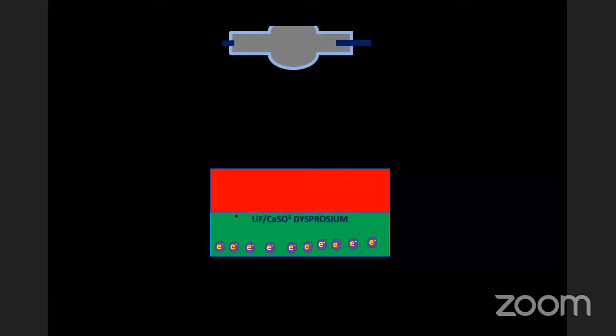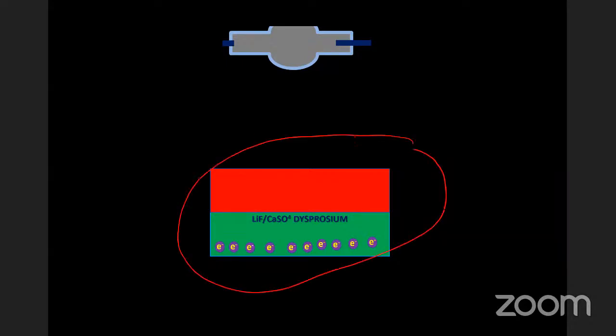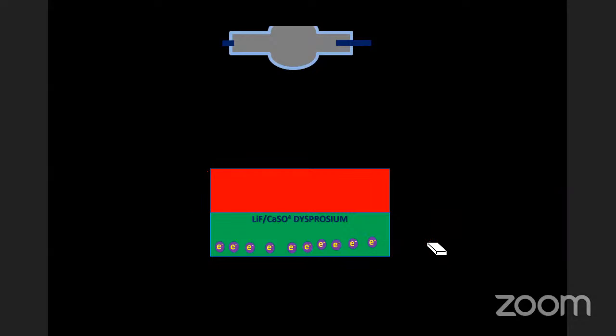Now, how does this TLD badge work? In lithium fluoride or calcium sulfate dysprosium, all the electrons are present at a low energy state. A fresh TLD badge comes from Bhabha Atomic Research Centre, which controls all of this.